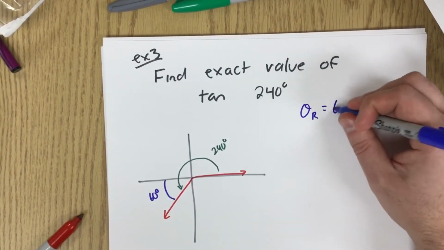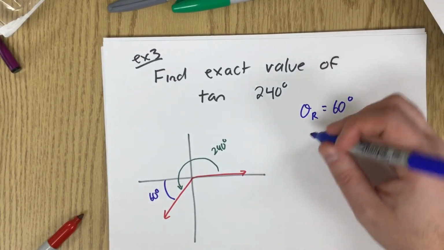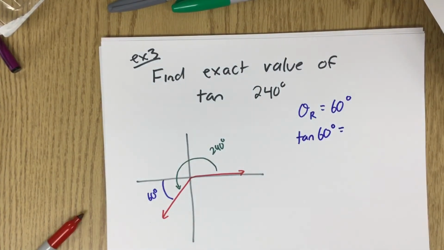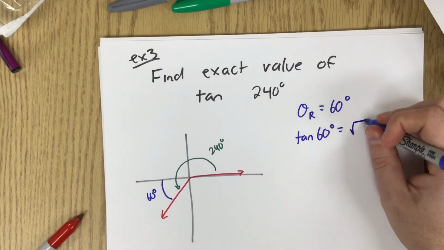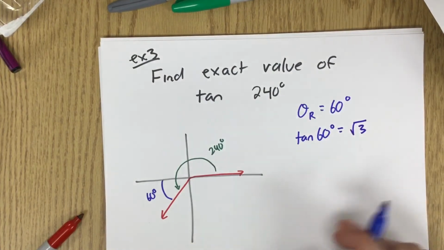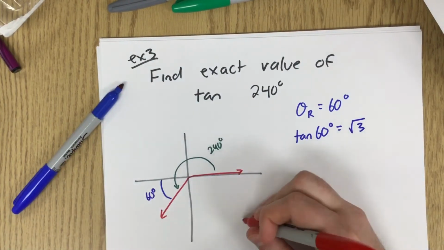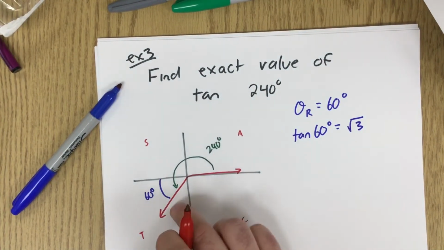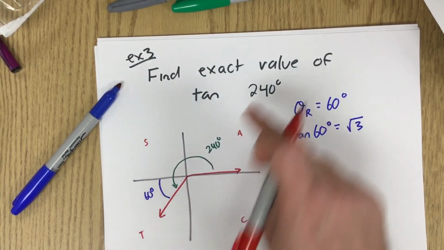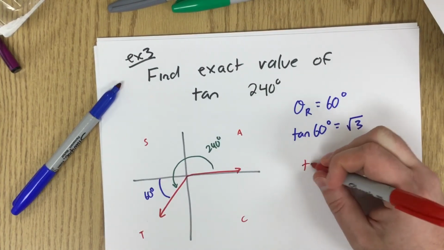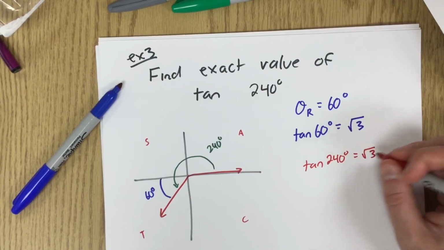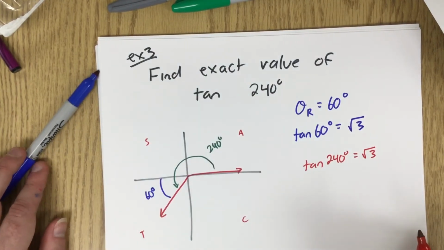So the related acute angle is 60 degrees. The tangent of 60 degrees is root 3. And if we look at the CAST rule, tangent is positive in this quadrant, and we're doing tangent. So the tangent of 240 is also going to be equal to the square root of 3.